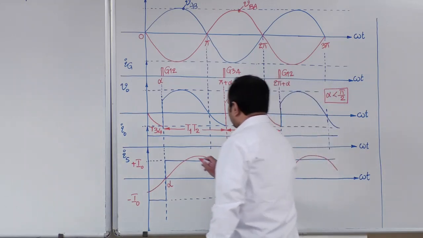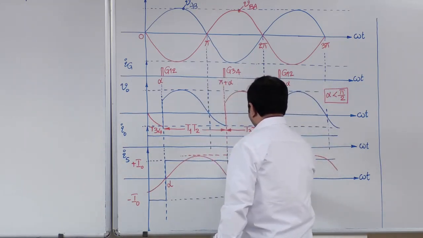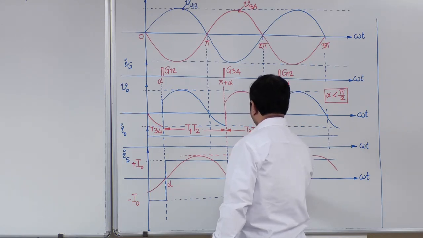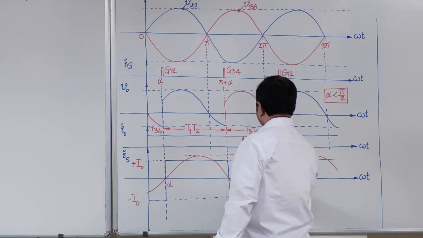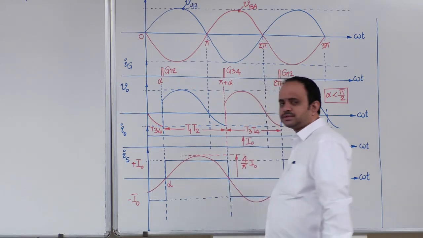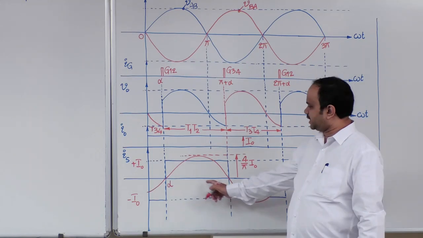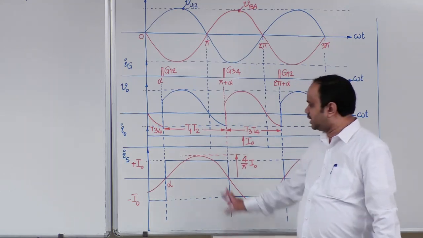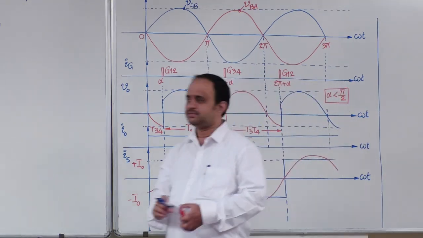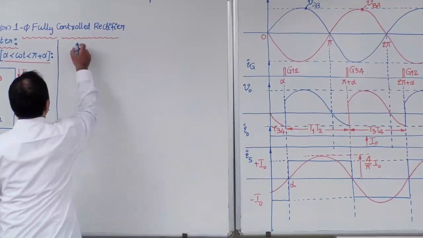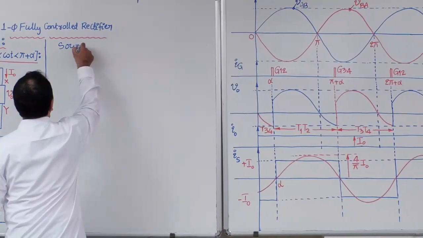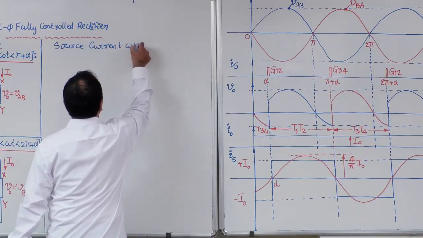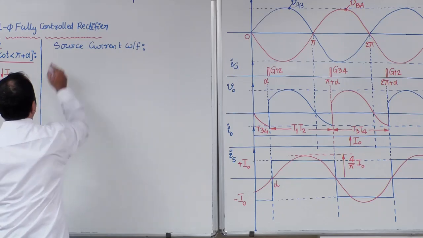Now, what is the peak value of this particular waveform? 4 by pi multiplied by I naught. So, interesting properties of this source current. Now, let us write down all of these properties one by one. All of these conclusions are based on the source current waveform.